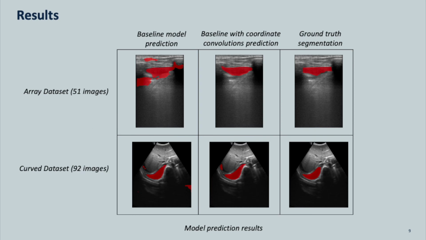To the best of our knowledge, we have demonstrated the potential of deep learning for pleural effusion assessment. We had a baseline model with performance superior to that of our inter-observer study, and the coordinate convolution improved performance in one of the datasets.